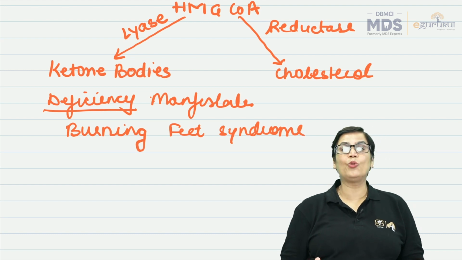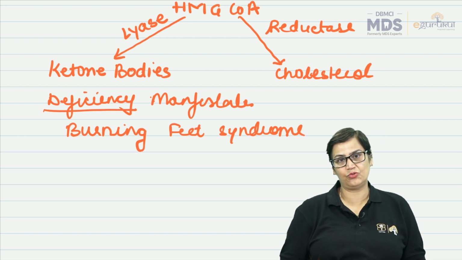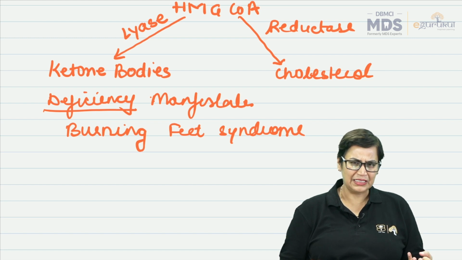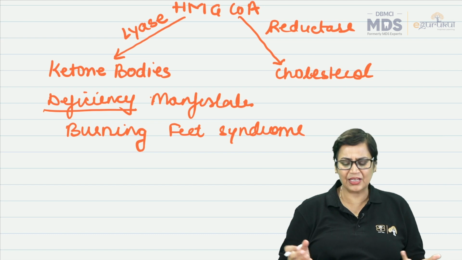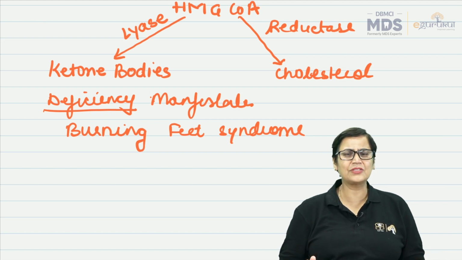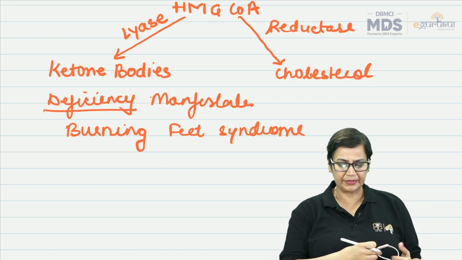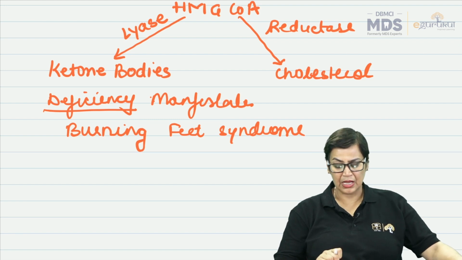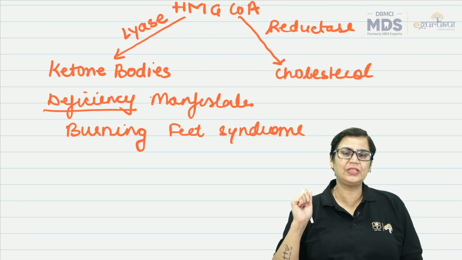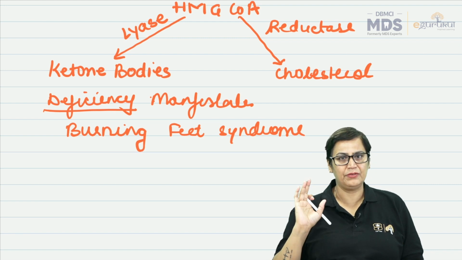It is also known as Gopalan burning feet syndrome. There is burning in the feet, just because these are the products which won't be produced in the absence of this B5. So this is pantothenic acid, B5.